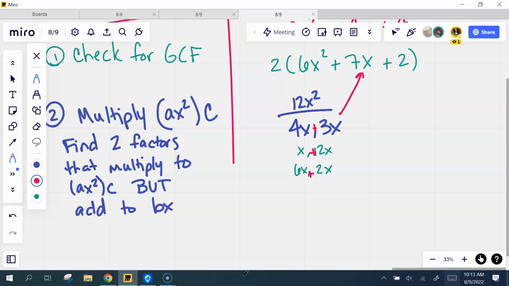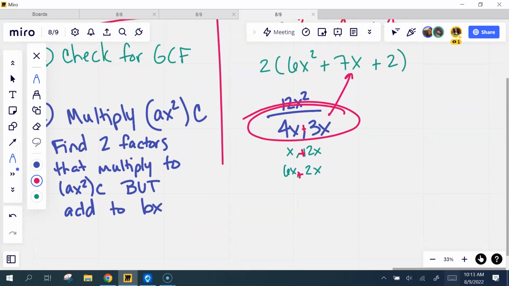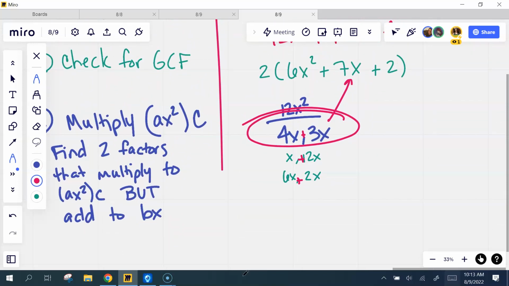Okay. Once you have determined what those two factors are, I'm going to rewrite my quadratic. Have y'all seen this method before? Okay. I hear yes, I hear no. Do you agree that 4x plus 3x is the same thing as 7x? Okay, then I'm just going to write it that way.